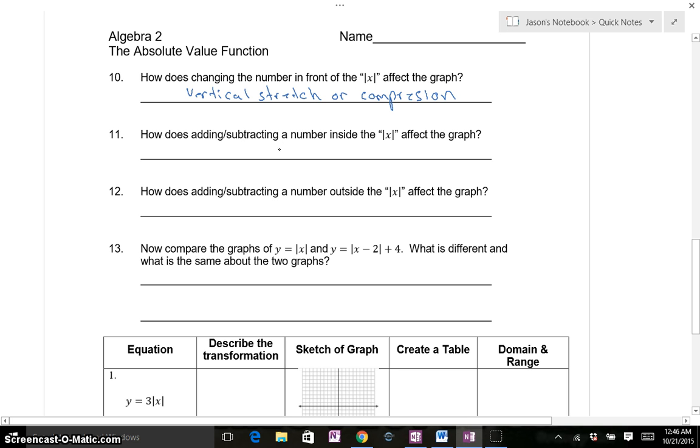How does adding or subtracting a number inside the absolute value affect the graph? Okay, it'll translate left or right. How does adding or subtracting a number outside of the absolute value affect the graph? Well, it's going to translate it up or down.